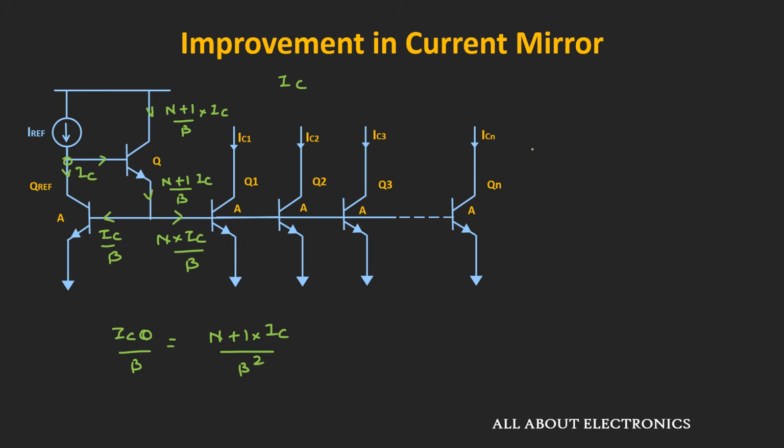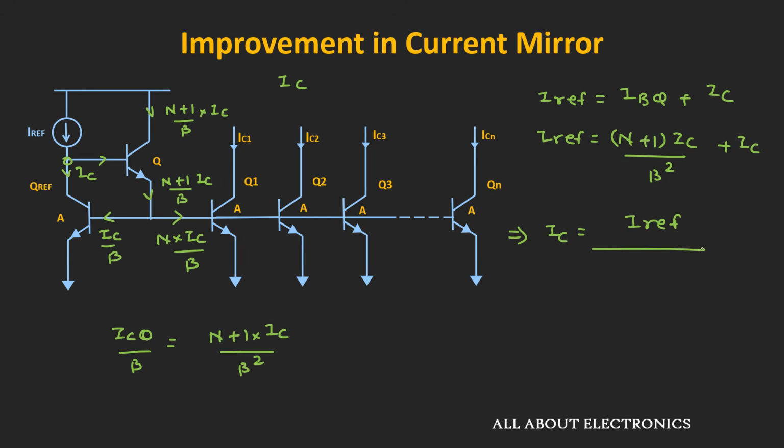If we apply KCL, then we can write this current I reference is equal to IBQ, that is the base current of this transistor Q, plus IC. That means I reference is equal to n plus 1 times IC divided by beta square plus IC. That means we can say that this collector current IC is equal to I reference divided by 1 plus n plus 1 divided by beta square.